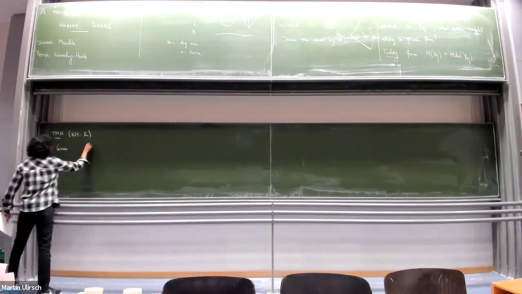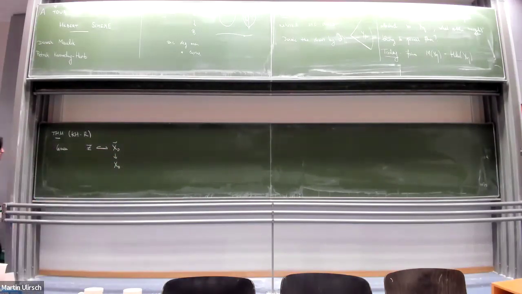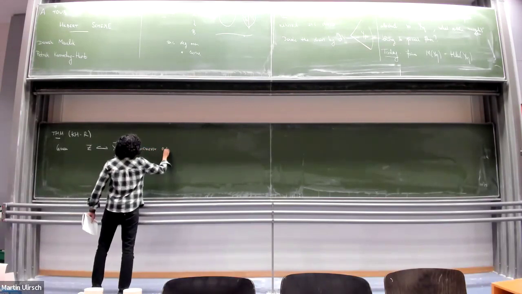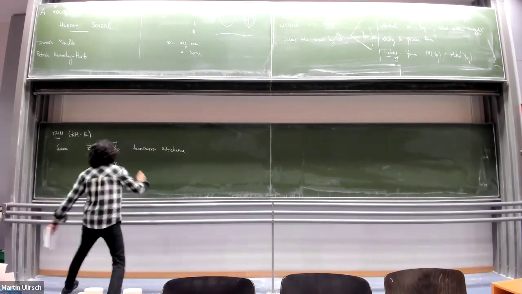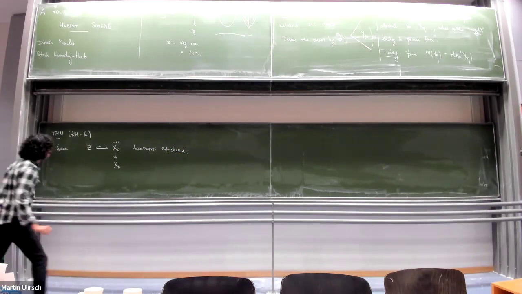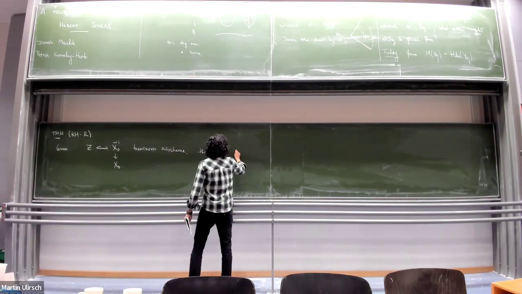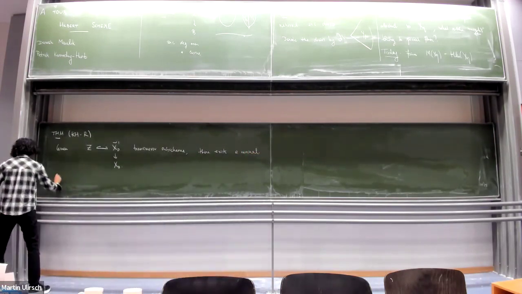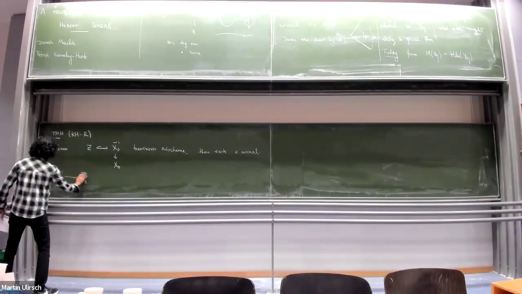So given Z inside X naught tilde inside, mapping to X naught, transverse subscheme. Okay, maybe I'm sorry. Let me put a prime here. There exists a minimal X naught tilde, which receives a map from X naught tilde prime.